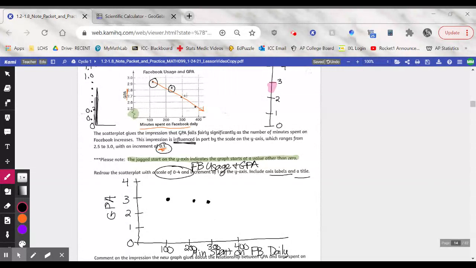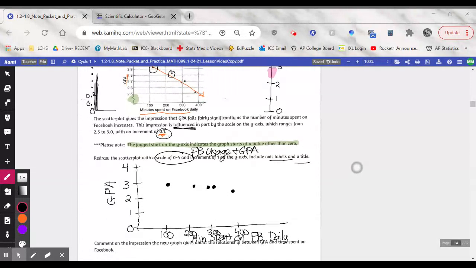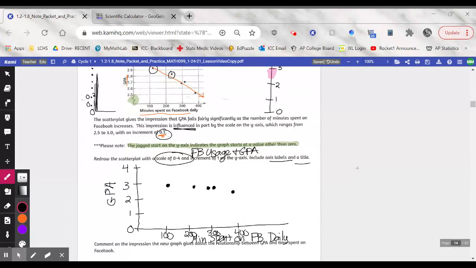This next one is a little bit past 300 and it actually went up a tiny bit, but when we have it on this scale, it's really not even going to be visible. And the last one is almost at 400 and at 2.5 for the GPA. So it's going to be directly between 2 and 3.